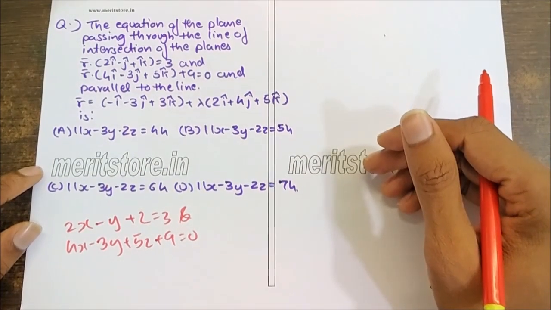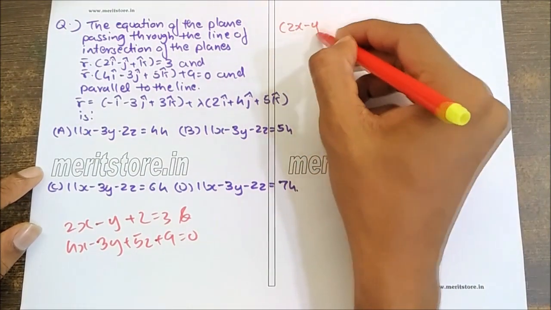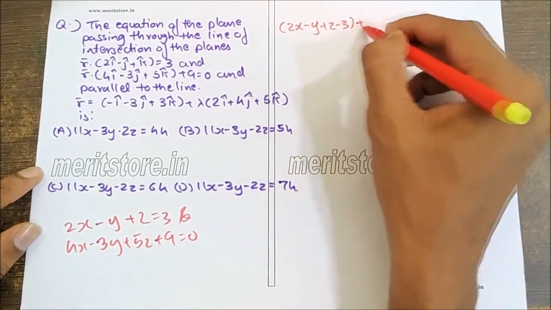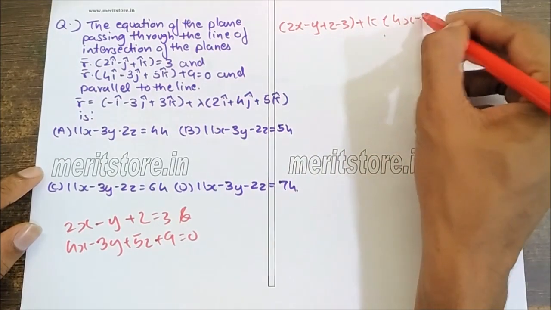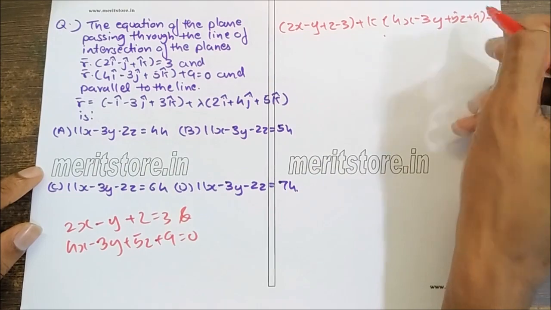The equation of any plane through the line of intersection of the given planes is 2x minus y plus z minus 3 plus k(4x minus 3y plus 5z plus 9) equal to 0.